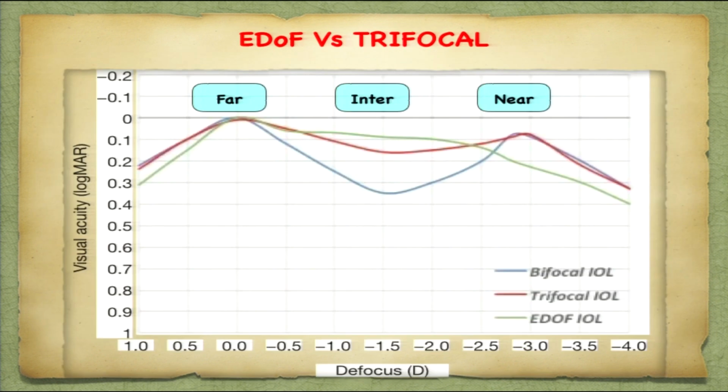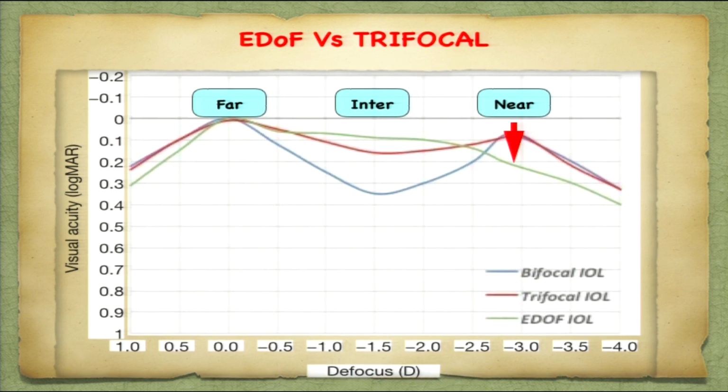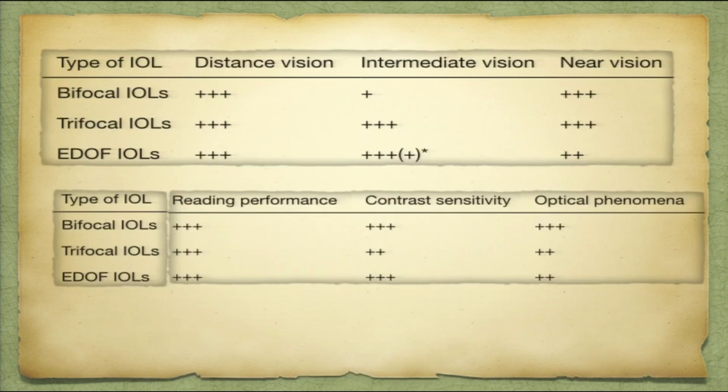EDOF IOLs produce a smooth, uninterrupted, dome-shaped defocus curve, and they have intermediate vision slightly better than a trifocal, but they lose out on near vision compared to trifocals.